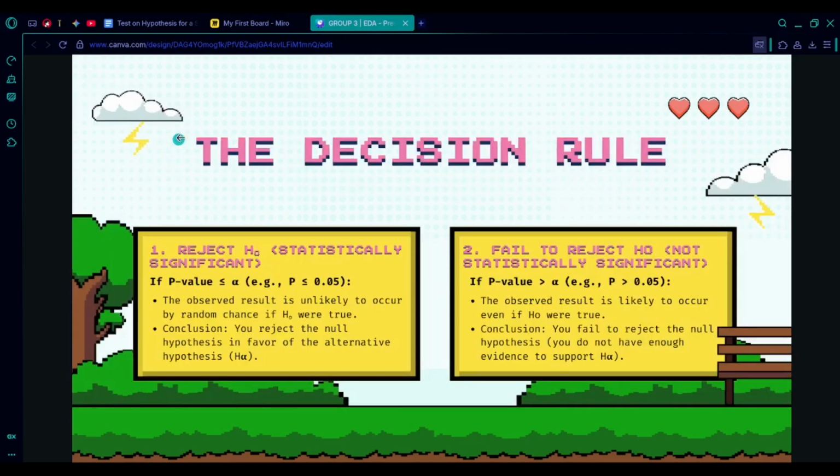If the p-value is less than or equal to alpha, we will reject the null hypothesis. And if the p-value is greater than the alpha level, we will be accepting the null hypothesis.